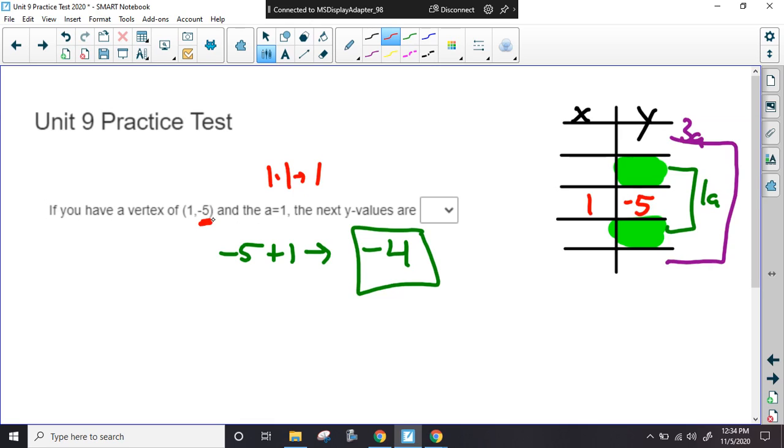Yeah, just add it to that. Well, this one right here, this value is actually negative 4. Now, this next one that you're asking about, well, 3 times 1 is 3, so negative 4 plus 3 is negative 1.